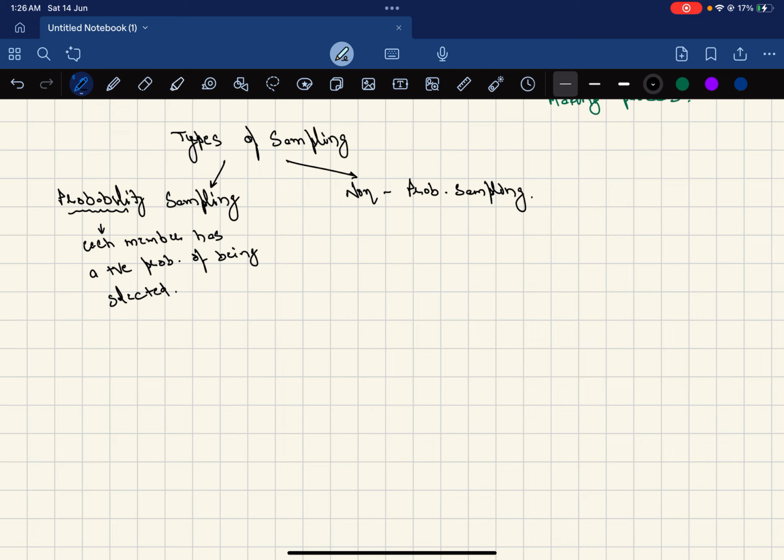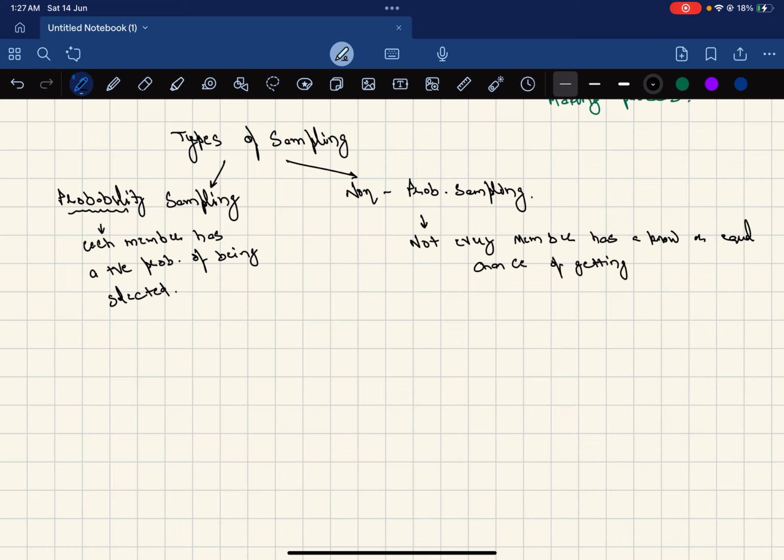And in case of non-probability sampling, not every member has a known or equal chance of getting selected.